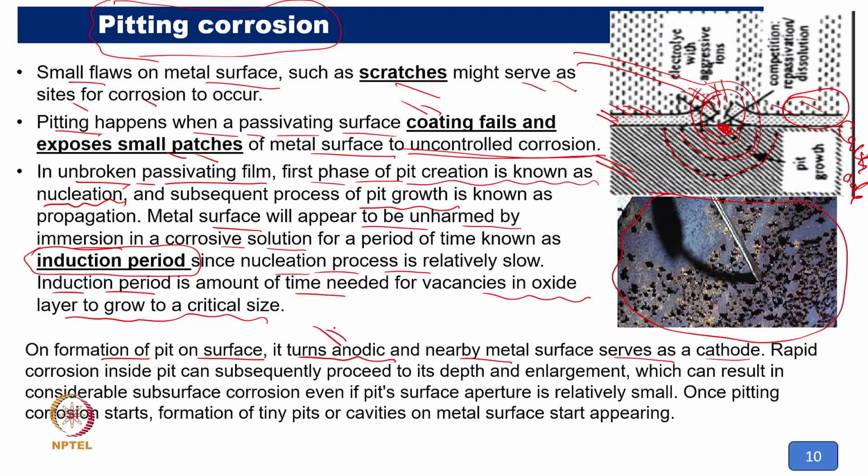As the anode area is much smaller than the cathode area, we say rapid corrosion inside the pit can subsequently proceed to its depth. That means it goes deeper and deeper because there is an anode and the electrochemical action is continuous, and pits get deeper and enlarged, which can result in considerable subsurface corrosion even if the pit surface aperture is relatively small.